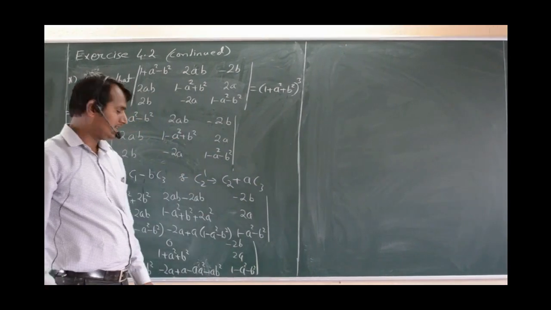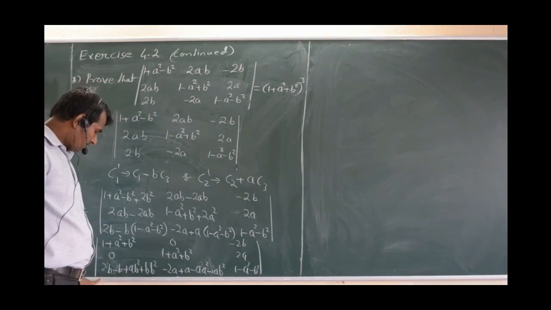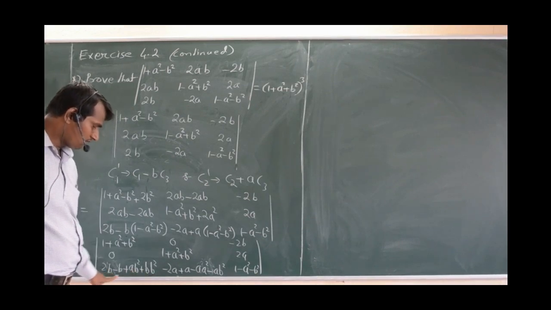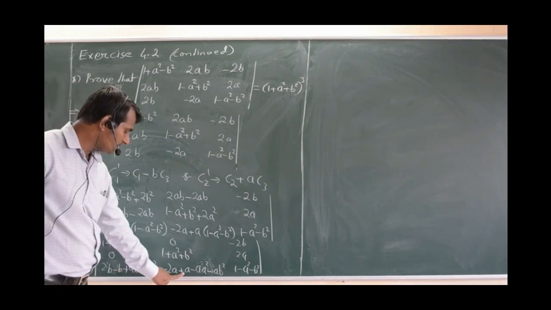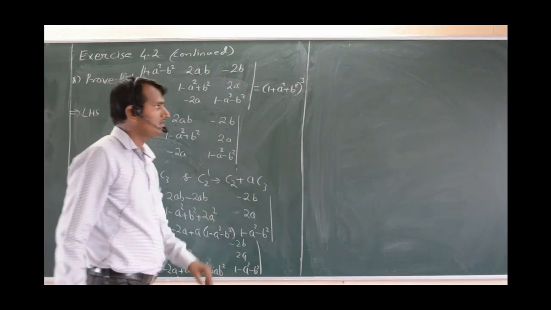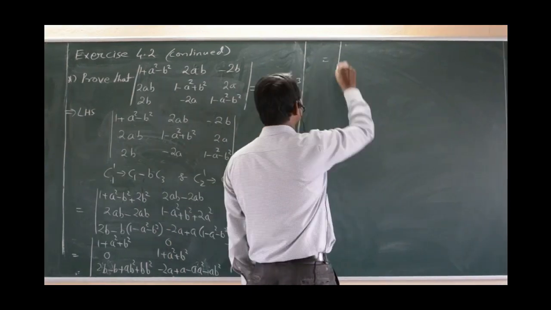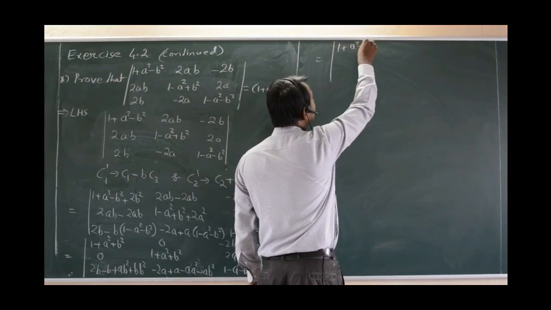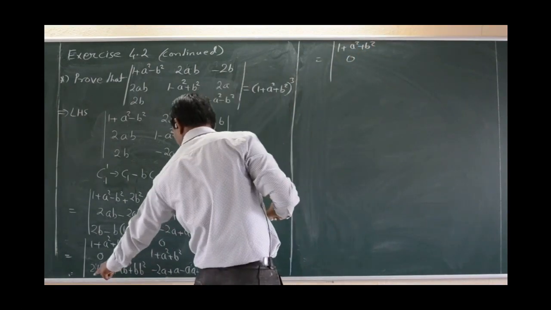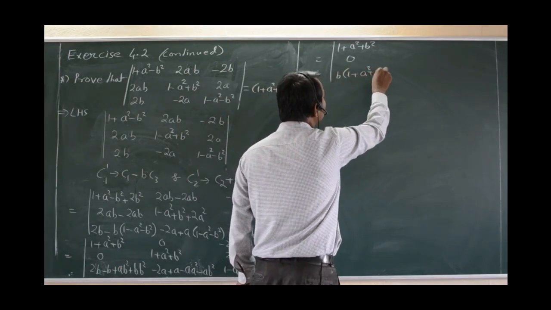In the last step I will keep this value as it is and just evaluate this. So what we get here, 2b minus b, the value is b, and I will take b common throughout. Here also minus 2a plus a, I will get minus a, and throughout I will take a common, and the remaining values as it is. Which is equal to what I get here, that is 1 plus a square plus b square, 0. Okay, fine. The next is 2b minus b, that is b into 1 plus a square plus b square.